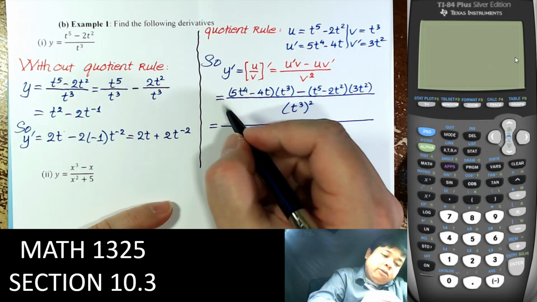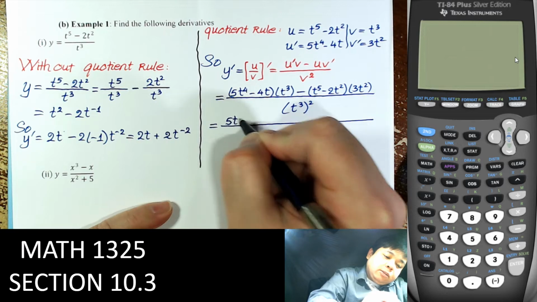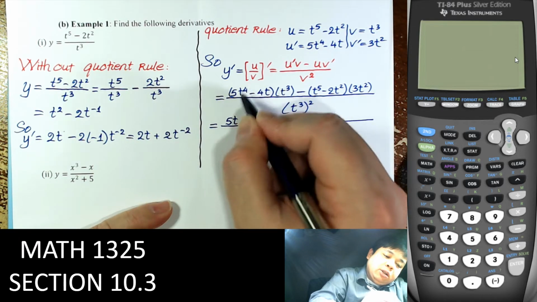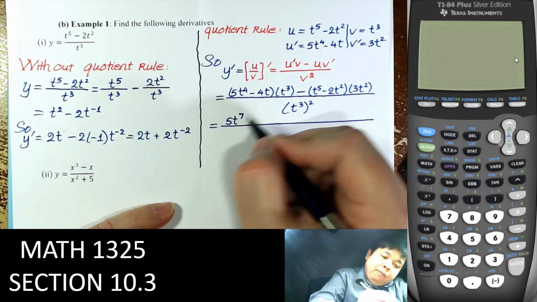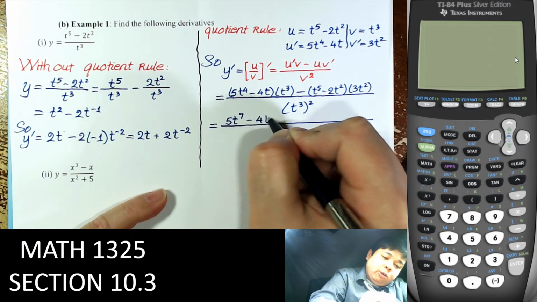So that gives us 5t to the 7th minus 4t to the 4th.